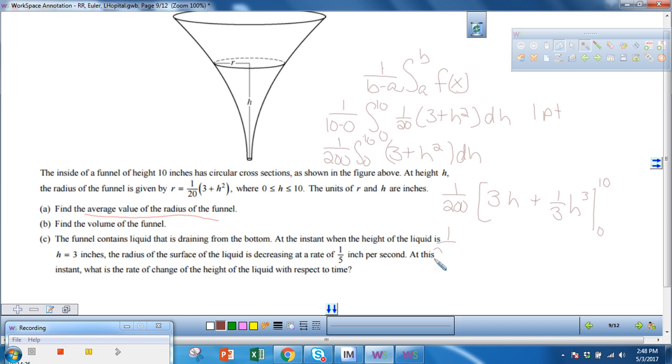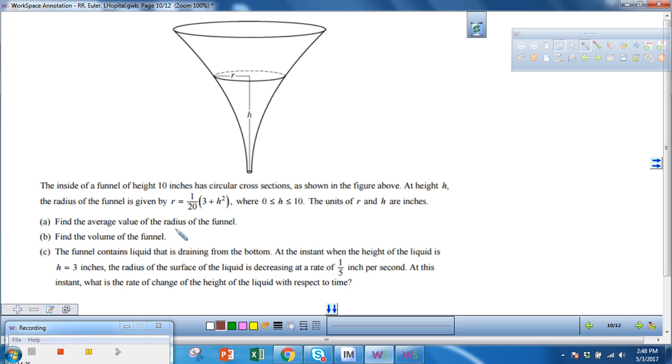So this is 1 over 200 times 30 plus 1,000 over 3 minus 0, and you do not have to simplify that. So you got 1 point for finding the antiderivative, and you got 1 point for the evaluation of it. So that's where your 3 points came from.